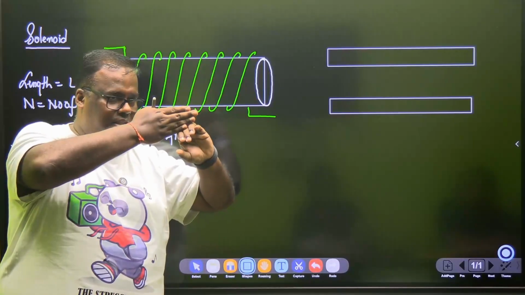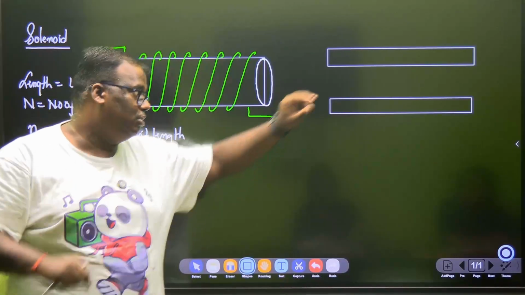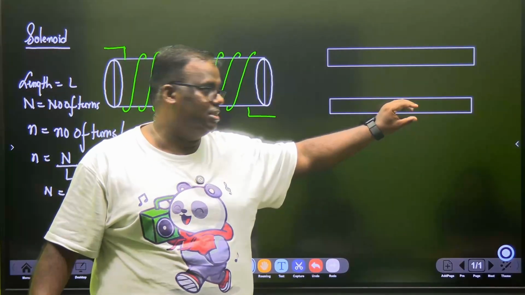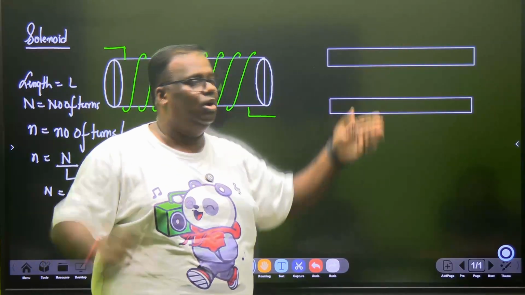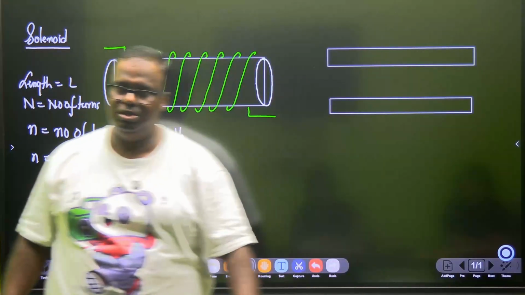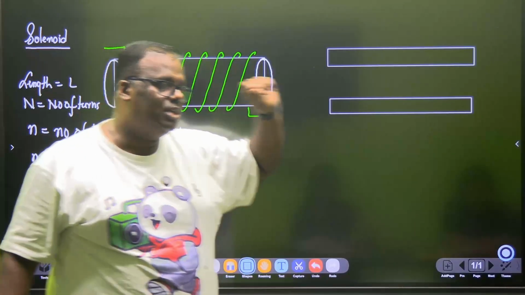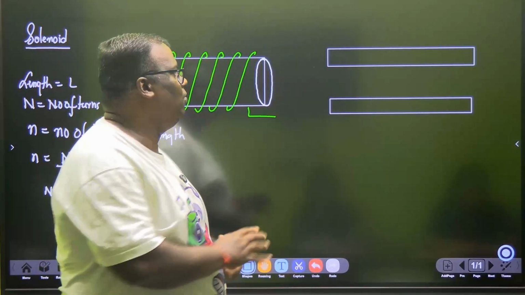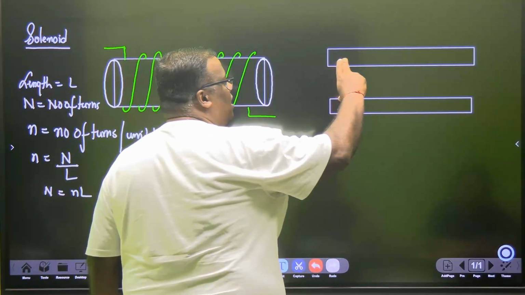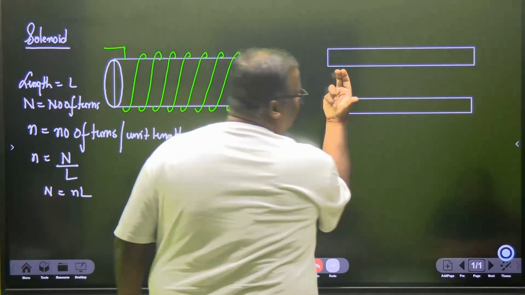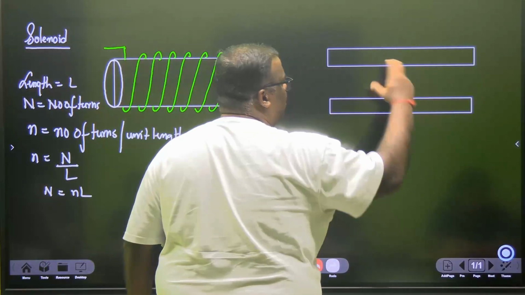I've cut it. The pipe has a thickness. So this is the top thickness, and this is the bottom thickness. On the back side, you have just cut it across, and the wires are like this. The turns are like a half bangle on this side, a half bangle on the back, a half bangle here, a half bangle there.